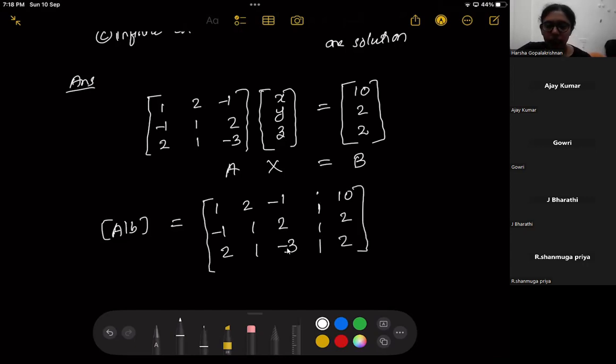You can find the rank of A and the rank of [A, B] separately, but in one step we can find both like this.